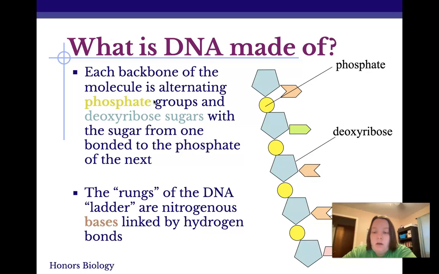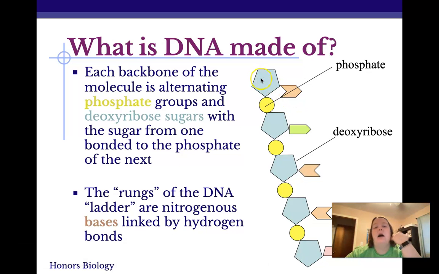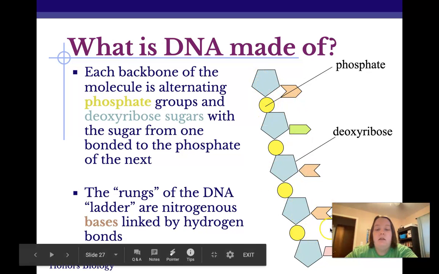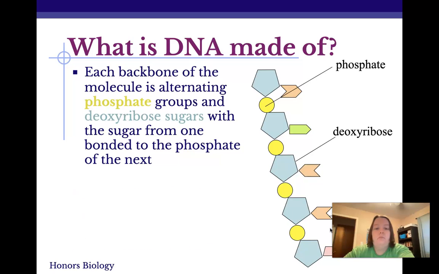And then in the middle, you're going to find your bases, which are like the rungs of the ladder. So the sides are the sugar and the phosphate, and in the middle you find your bases. And your bases are what's going to be linked through hydrogen bonds.